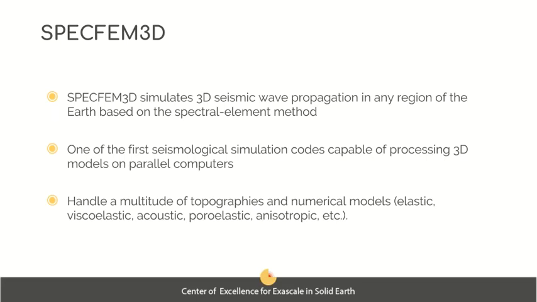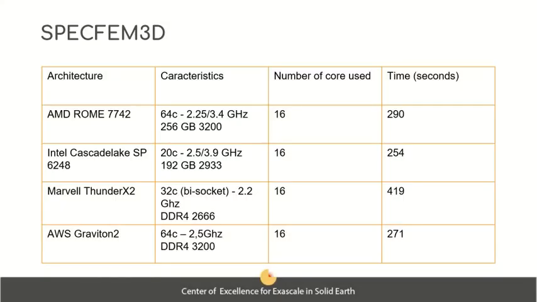For SPECFEM3D, SPECFEM3D is a code that simulates 3D seismic wave propagation. It's one of the first seismological simulation codes capable of processing 3D models on parallel computers, and is also able to handle a multitude of topographies and numerical models: elastic, viscoelastic, acoustic, etc. Here are the first results.